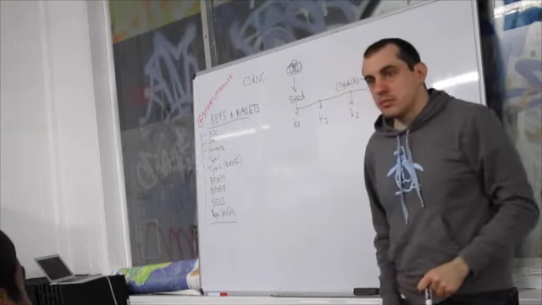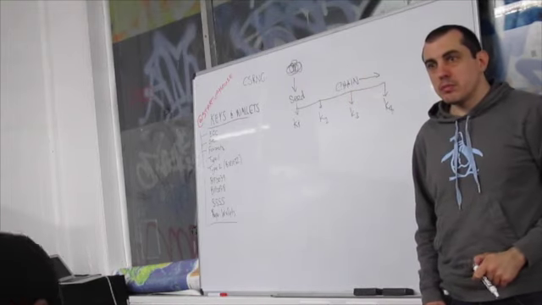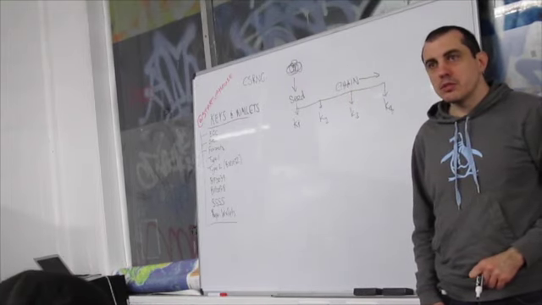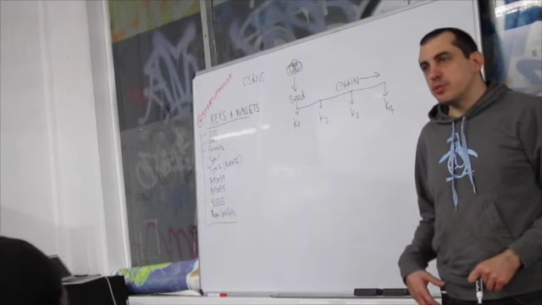Electrum is a wallet, and it uses type 2 deterministic keys.